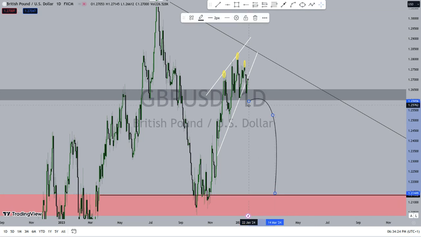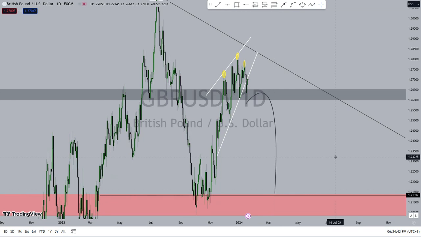Once we see a clear break below this major level on the daily time frame, we should look for selling momentum, selling pressure around this region to short GBP USD down to 1.21318. So that's that for GBP USD.